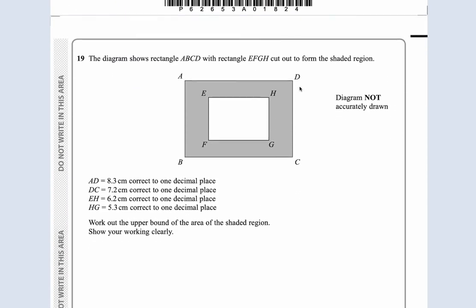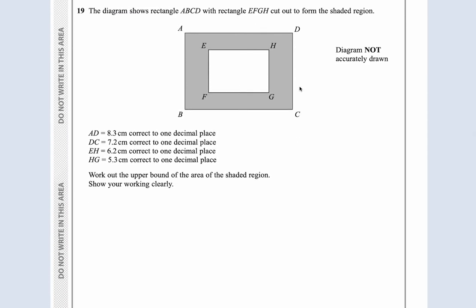Question 18. Next one, question 19. We have a rectangle with another rectangle cut out to form a shaded region. AD is this, right? So this is an upper and lower bound question, guys. These have all been rounded. It says work out the upper bound of the area of the shaded region.